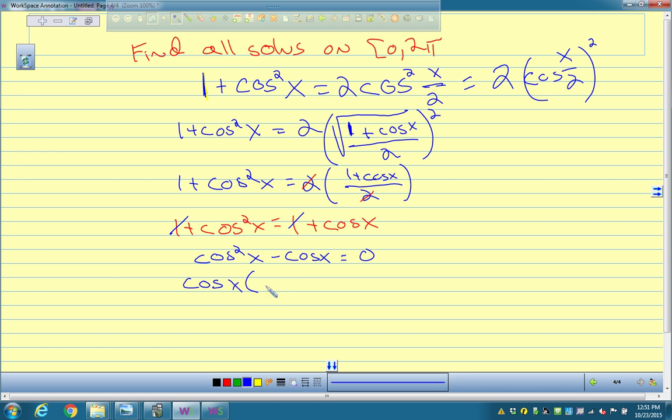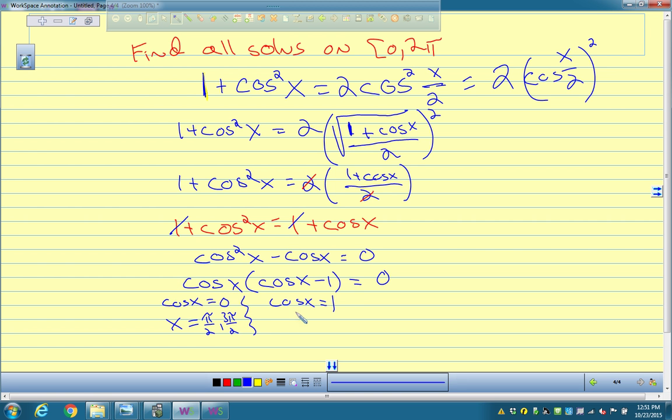Cosine x times cosine x minus 1 equals 0, and I draw my little squiggly line, and I say cosine x equals 0, or cosine x equals 1, and then I say x equals, where's cosine equal to 0 between 0 and 2 pi? 2 places, pi over 2 and 3 pi over 2. You guys are good, okay?